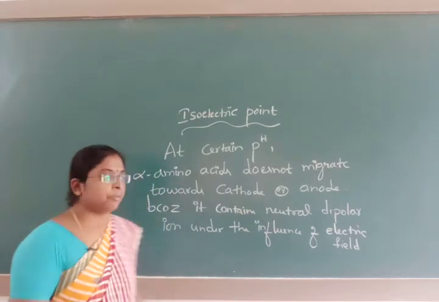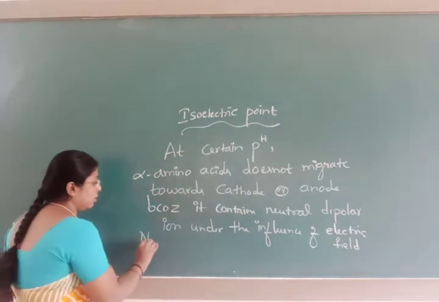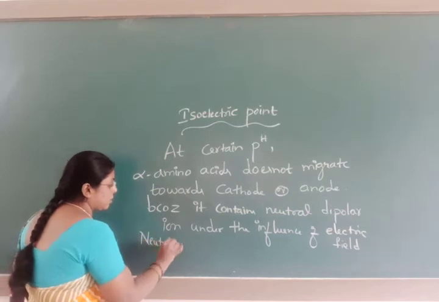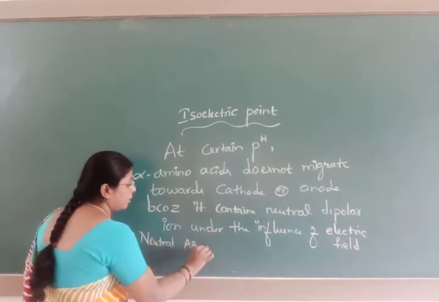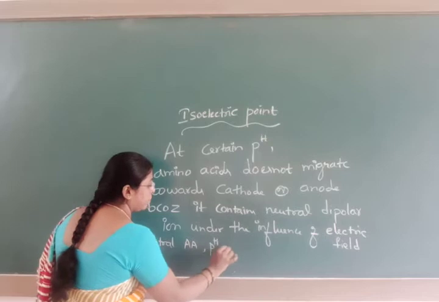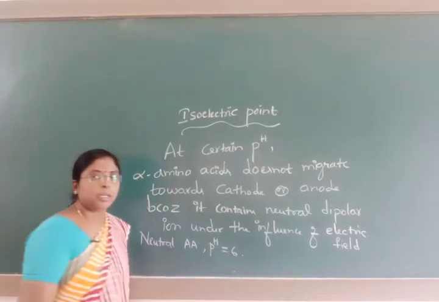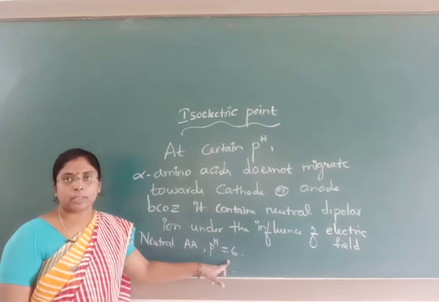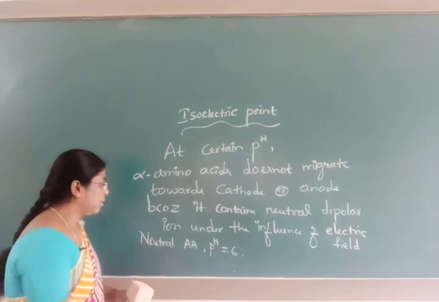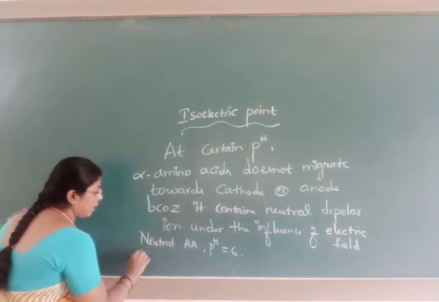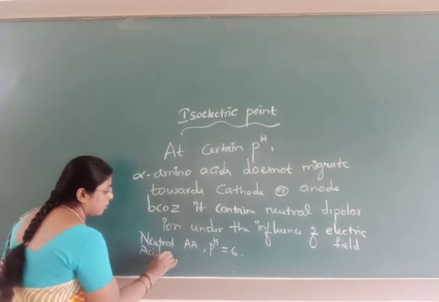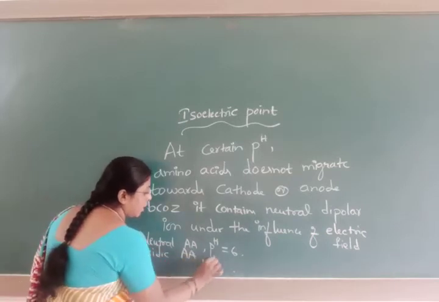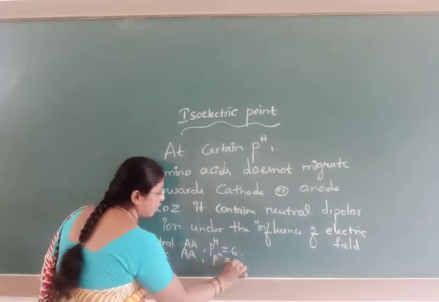For example, if I consider neutral amino acids, the neutral amino acid has pH value 6. At pH value 6, it acts as the isoelectric point. Similarly, for acidic amino acid, the pH value is 3.